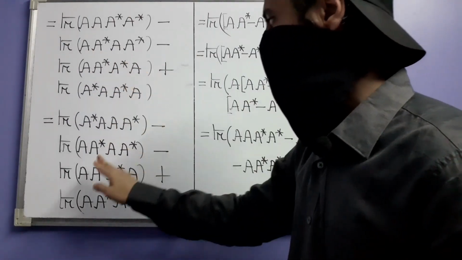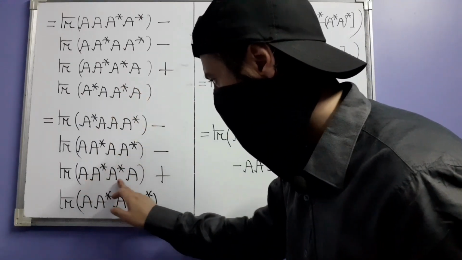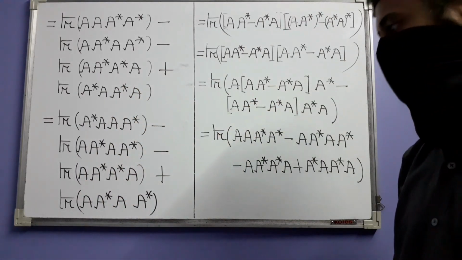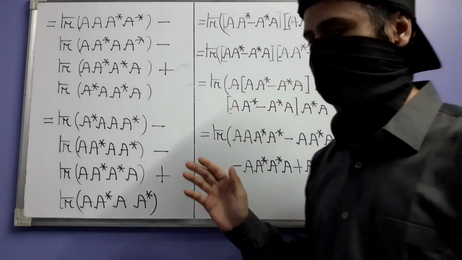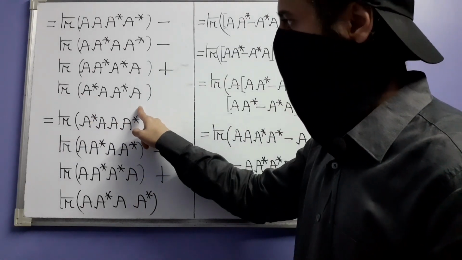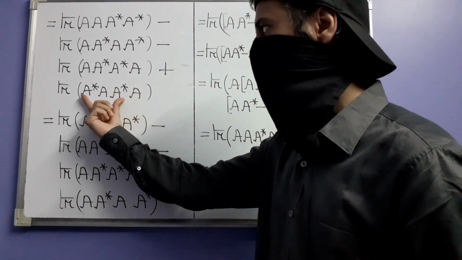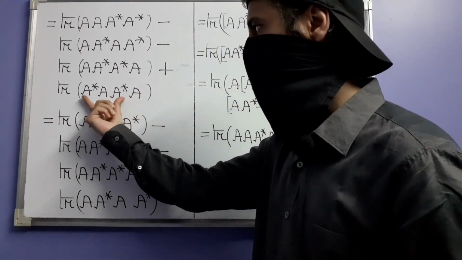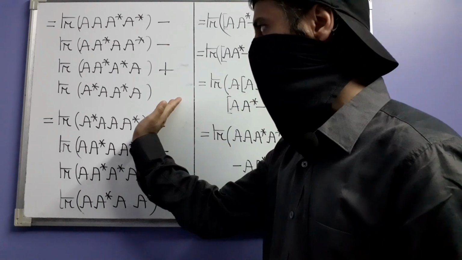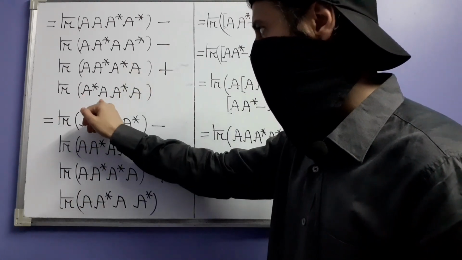Okay. And the next two terms we keep as they are. A star, A star. A star, A star, A. But then we did again another that type of change to this fourth one. Same thing. We treat this also as a product of two matrices. One of them is A star, and the other one is A. So after changing the order, A comes first, followed by A star, A star.